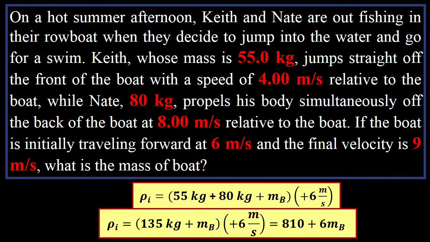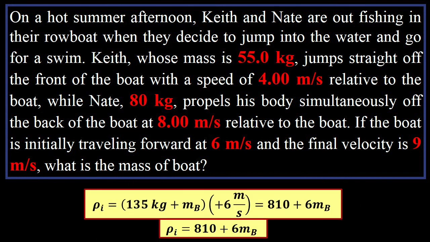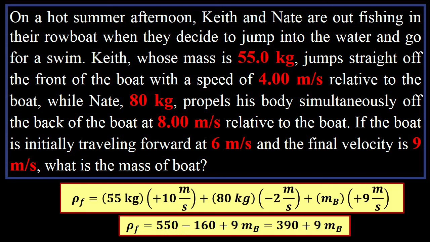And then the final velocity is going to be what we just saw. I'm a little bit behind, but I'm going to simplify the initial momentum: 810 plus 6mb. Is that what I just said? Or did I say something different? Anyway, now I'm going to simplify the final momentum, which is 390 plus 9mb.